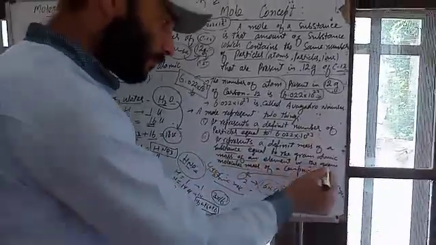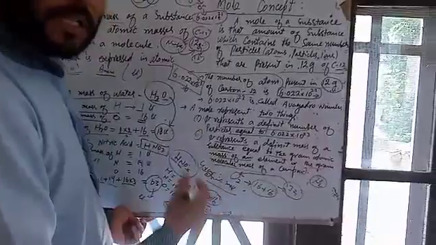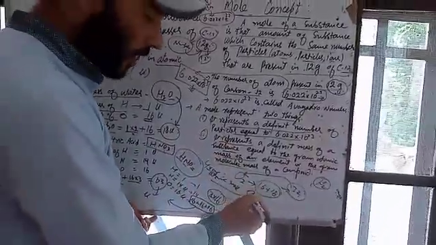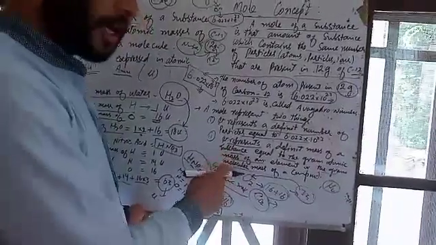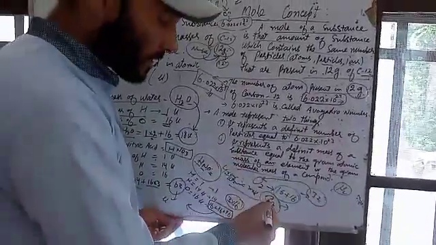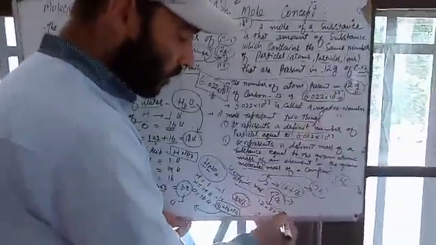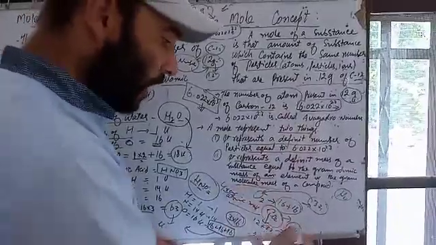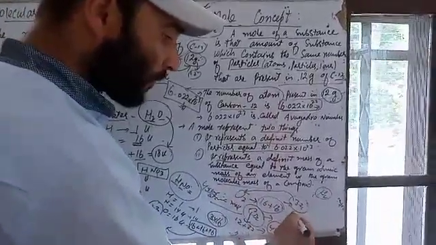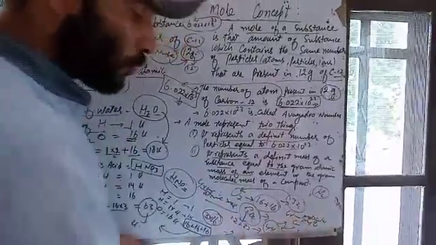Another is gram molecular mass, the molecular mass of a compound. For example, carbon dioxide, CO2: carbon has a mass of 12 and oxygen 32, so it becomes 44. That means the gram molecular mass of carbon dioxide is 44.